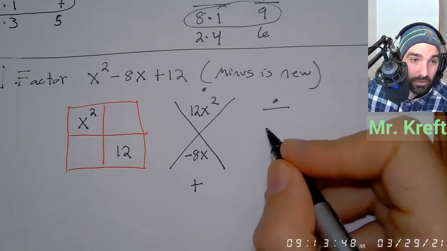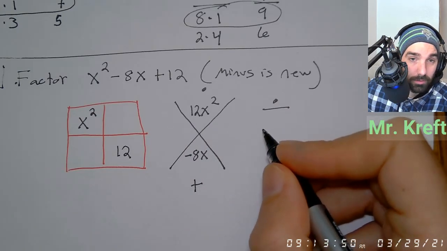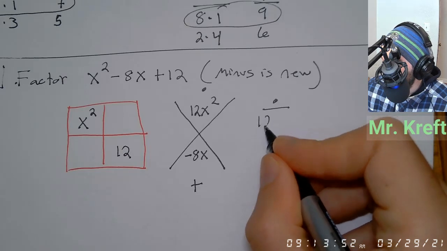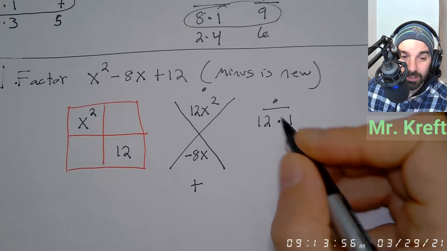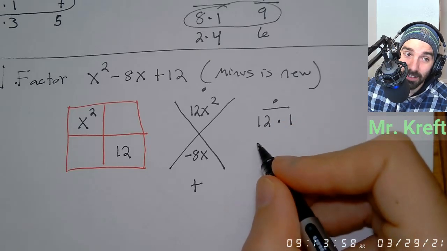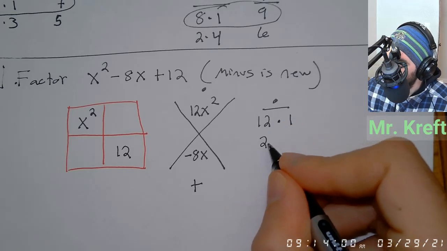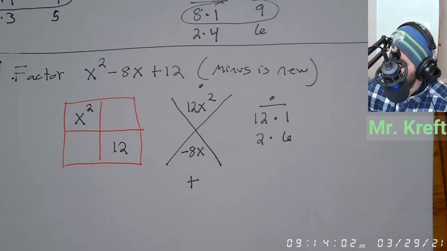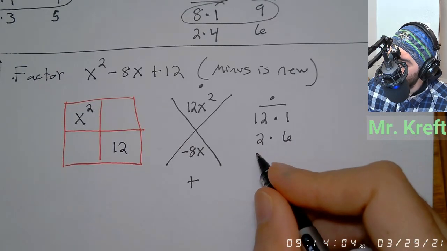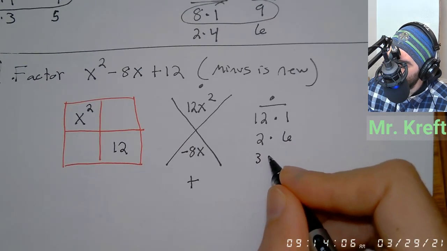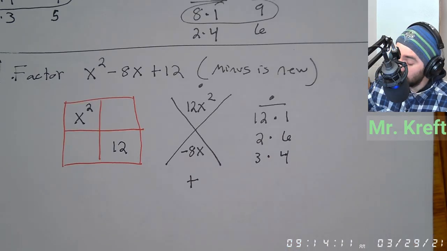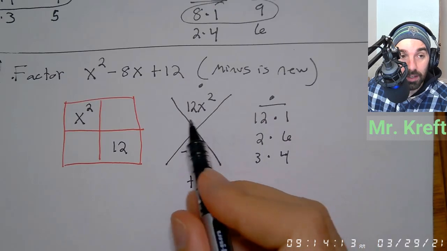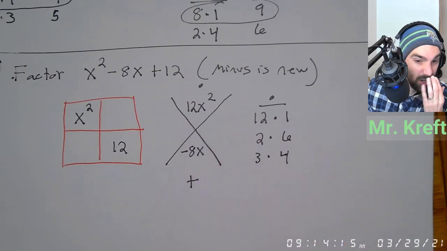So what are some numbers that multiply to get 12? Well, let's have our usual suspects. We have 12 times 1, 2 times 6, and 3 and 4. I'm just making a list of things that multiply to get 12. Nothing has changed.